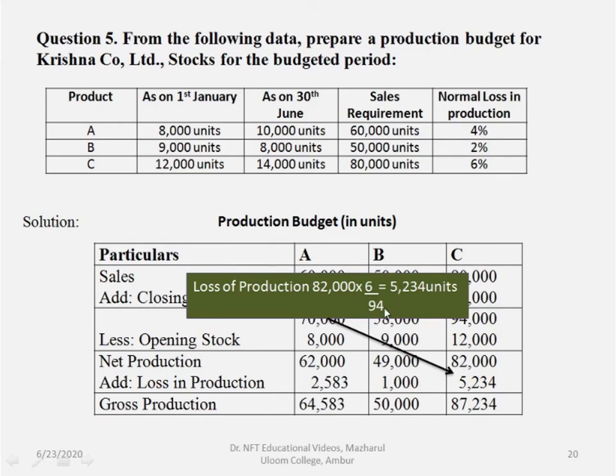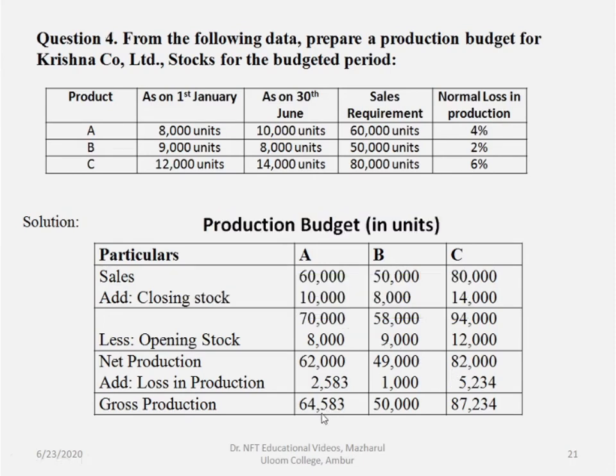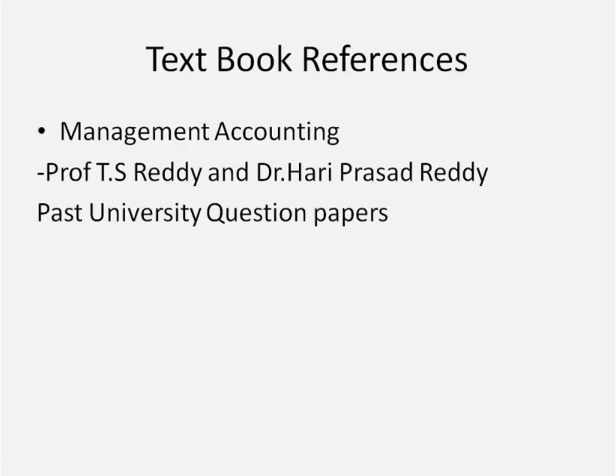That gives you 5,234 units, which is recorded here. If you add the normal loss in production to the net production, you get the gross production units. That's all relating to the production budget.